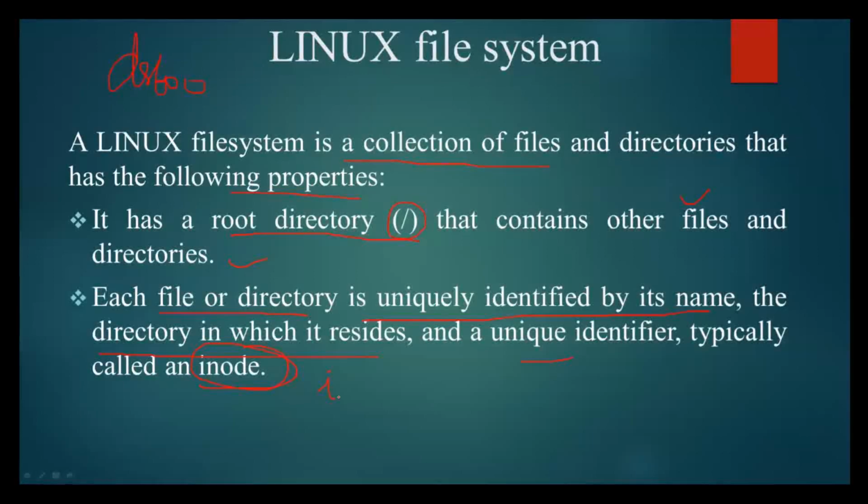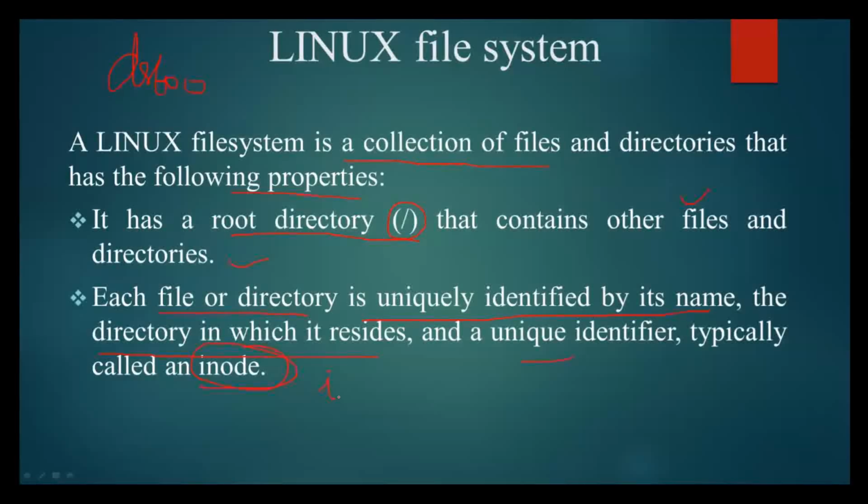If you want to apply for any exams or get any information, you need the Aadhaar number. In the same way, for each file or directory we create, the kernel by itself creates one unique number. This is for kernel identification.